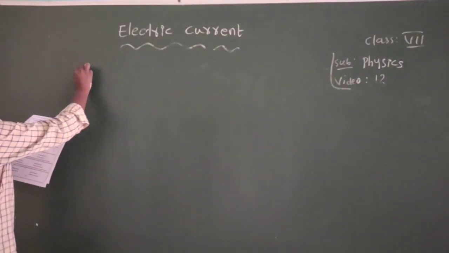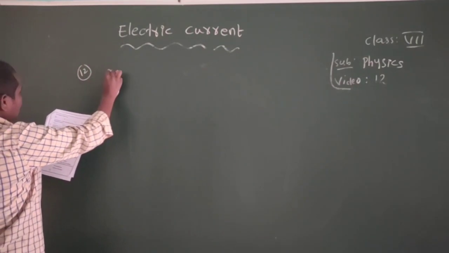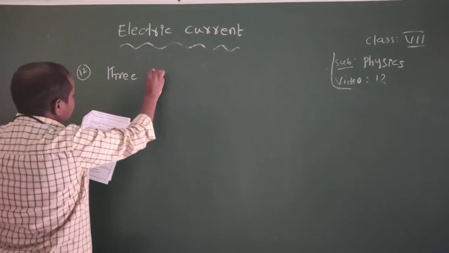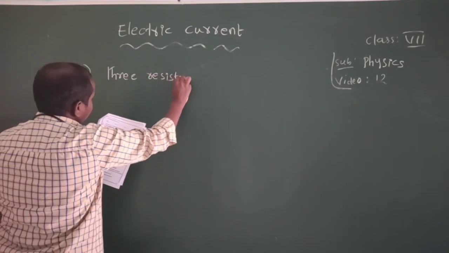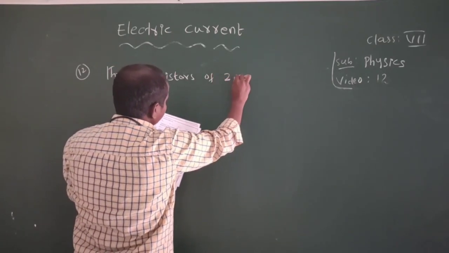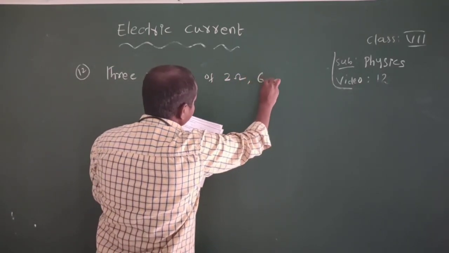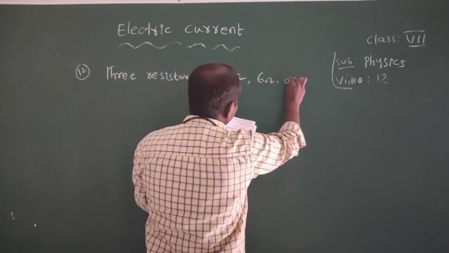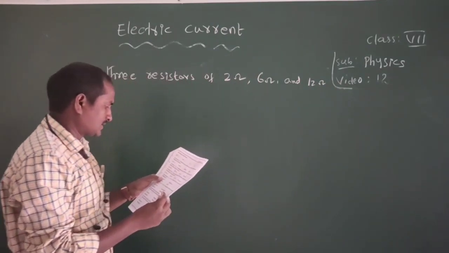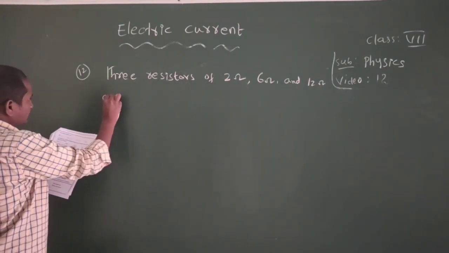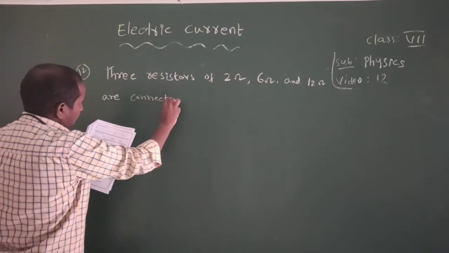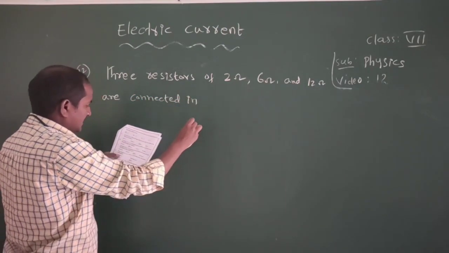Question number 12. Three resistors of 2 ohms, 6 ohms and 12 ohms are connected in series.